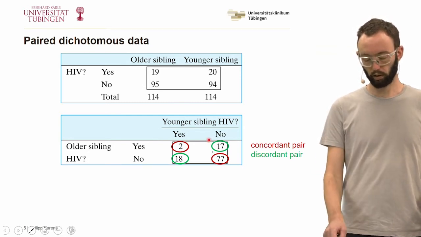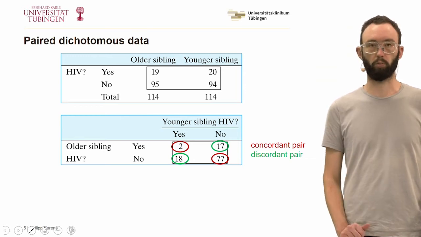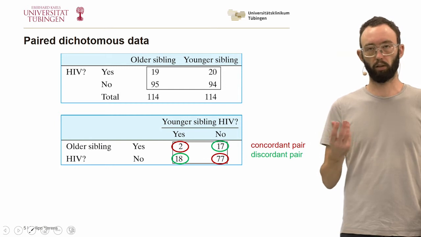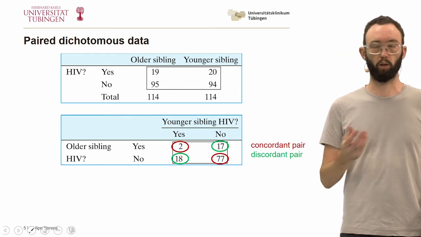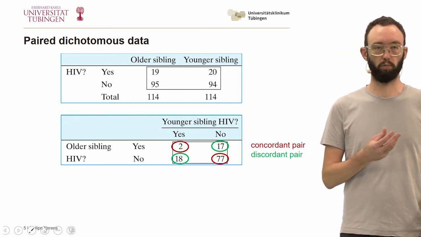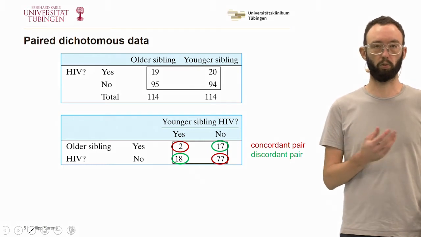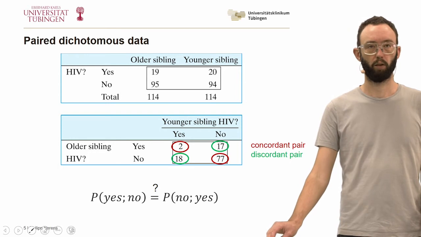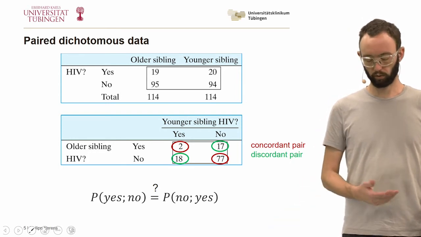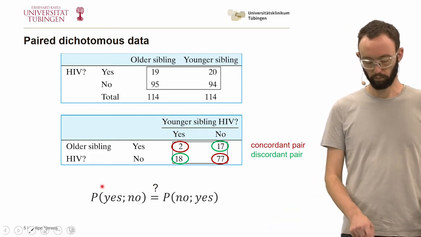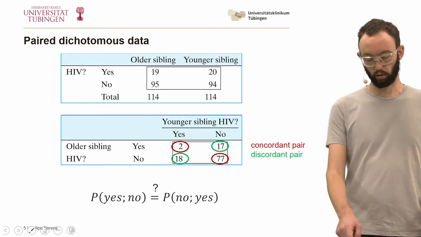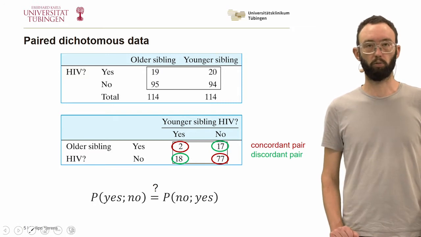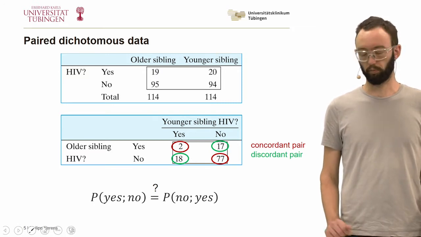And the green circled pairs are called discordant pairs, because those are the pairs that don't have the same outcome. Either the older sibling has HIV and the younger not, or the other way around. So the question that we want to ask is whether the probability that the older siblings have HIV and the younger siblings get HIV is the same or not.